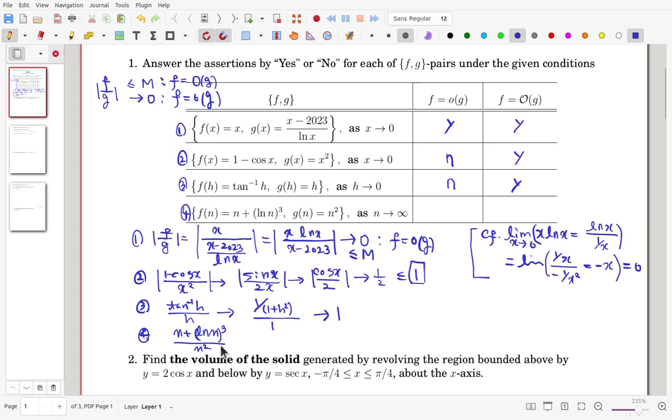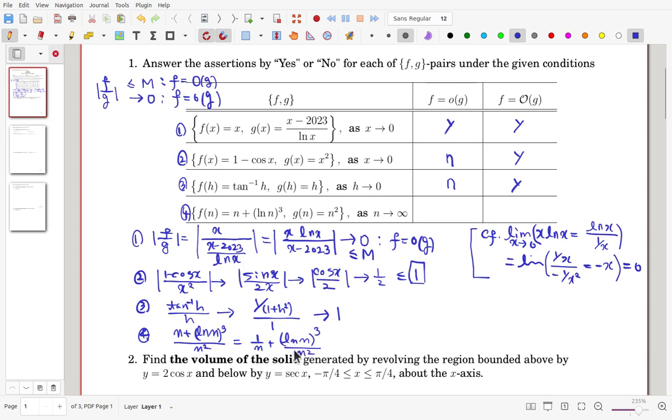Once you divide by n squared, the expression is the same as 1 over n plus (logarithm n) cubed over n squared.